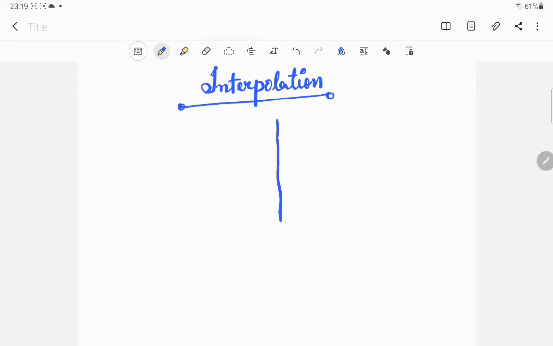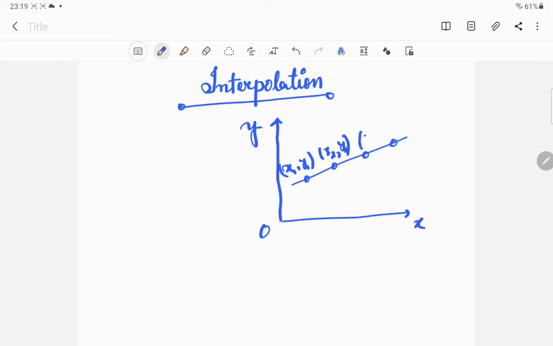Suppose that you are given a function like this, and you have a graph like this, and you have been given some points. Say x1 y1, then x2 y2, then x3 y3, then x4 y4.